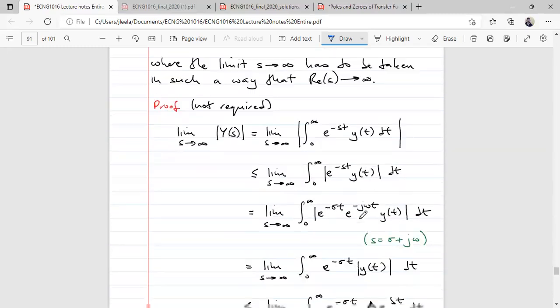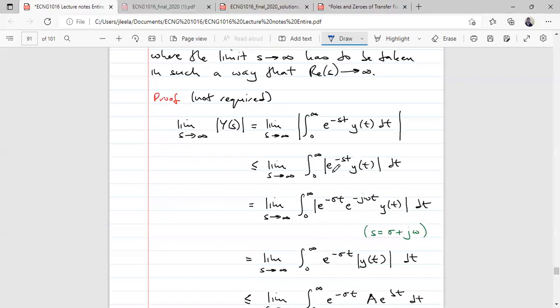And then we could break this up into the real and imaginary parts. So e to the minus st is e to the minus sigma t minus j omega t, where s is sigma plus j omega.